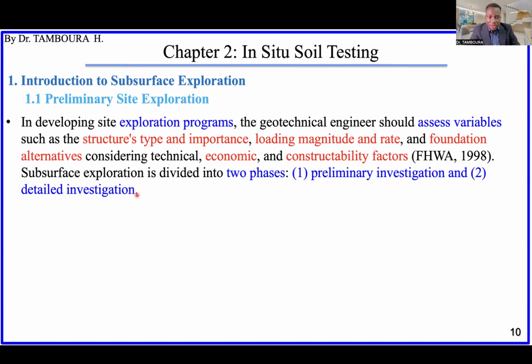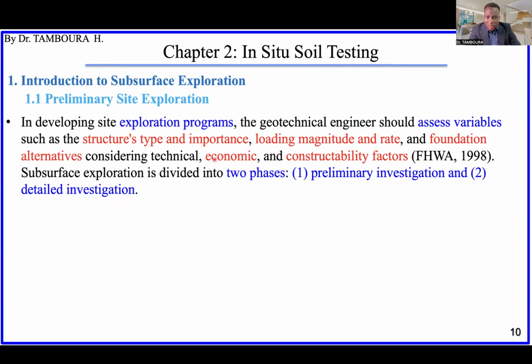If this one is done the wrong way, it will affect the total cost of the project. But if this one is done in a very good way, it can save money.